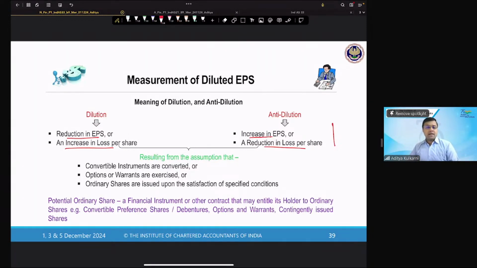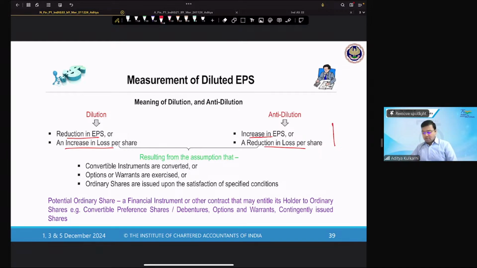Forward-looking comes from the sense that I need to give information to my shareholders: all factors remaining constant, operations remaining constant, if there are some events that take place which are not operationally driven but by virtue of the capital structure, which have the effect of increasing the capital or the number of shares in the capital structure, then how does my EPS look?